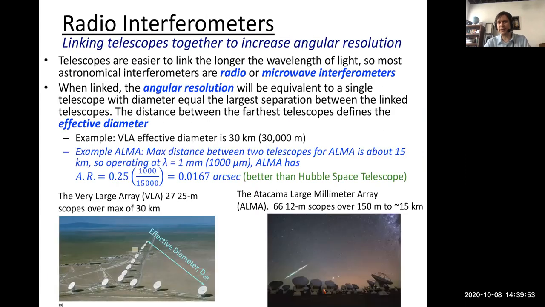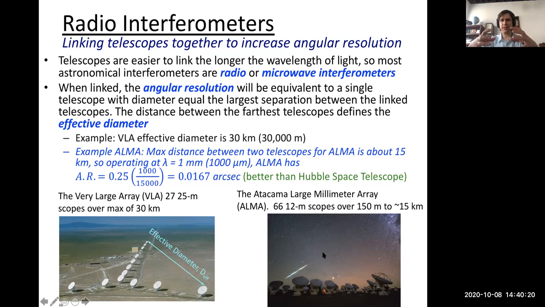I want to demonstrate that with the world's currently most advanced interferometer. It's in the Atacama Desert in Chile. It's called the Atacama Large Millimeter Array because it operates at about a millimeter or so, right at the radio microwave boundary. This is called ALMA, and it's 66 12-meter telescopes. You can rearrange the configuration.